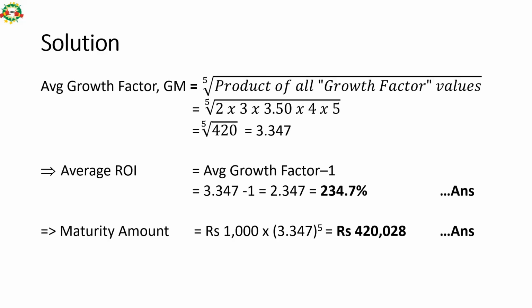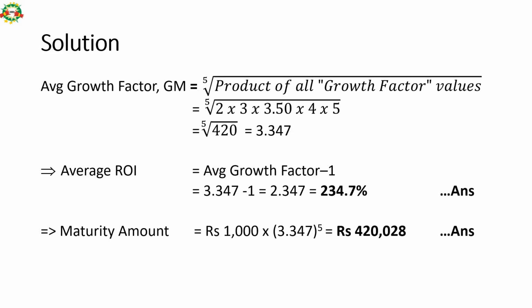So average growth factor is equal to the product of all growth factors. The growth factors given were 2, 3, 3.5, 4 and 5. These are given in the question. Multiply all these factors and then use this formula and you will get the value 3.347. So average ROI is equal to average growth minus 1.